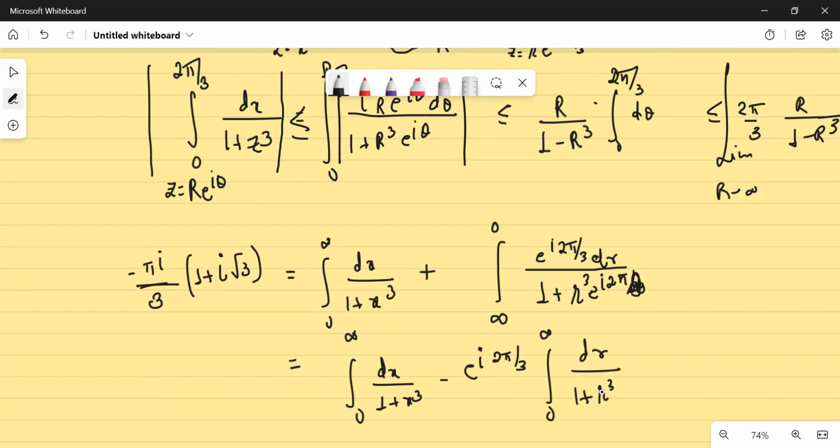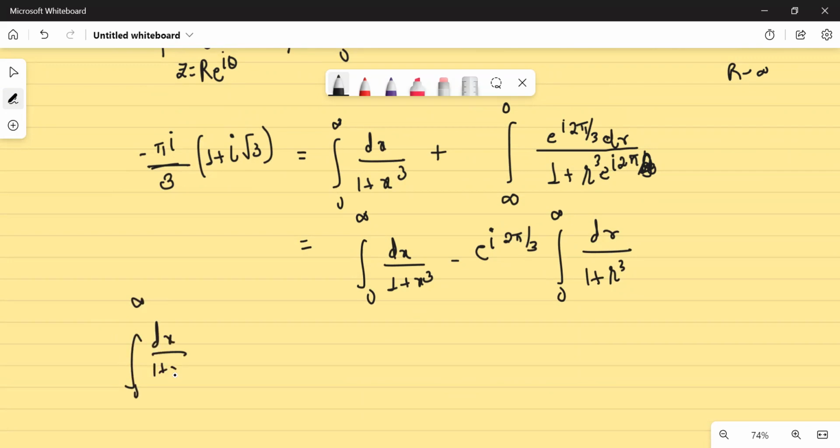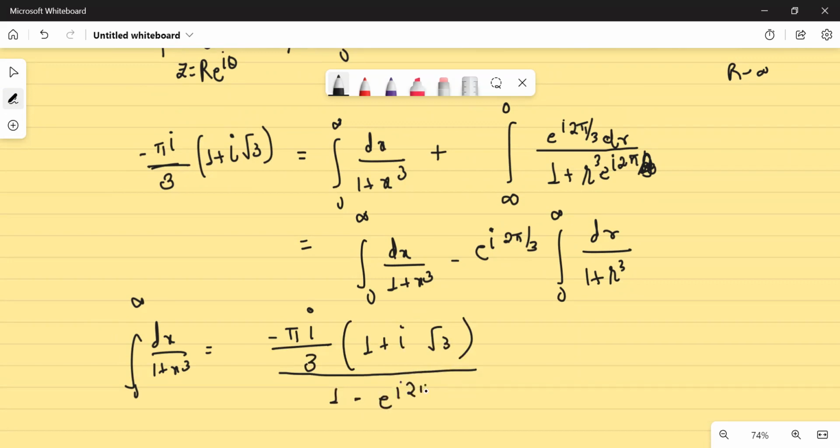Whether you write dr upon 1 plus r cube 0 to infinite, or you write 0 to infinite dx upon 1 plus x cube, they mean one and the same thing. So the integral on the right hand side, I'm now writing on the left hand side, that is integration from 0 to infinite dx upon 1 plus x cube is equals to minus pi iota upon 3, 1 plus iota root over 3 divided by 1 minus e to power iota 2 pi by 3.